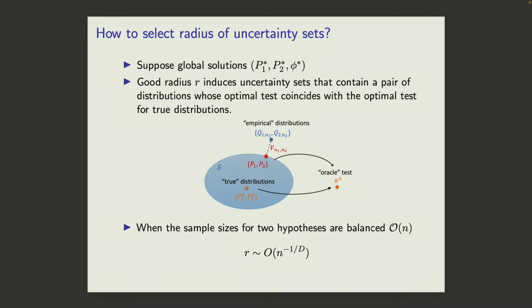There's a common argument that says we want the uncertainty set to be large enough such that the true distributions are contained. But this is slightly different. In fact, we don't need the uncertainty set to contain the true distribution, as long as it can contain a pair of distributions that induce the corresponding optimal detector with good performance. That is actually a weaker requirement than requiring an uncertainty set to contain the true distribution, which can suffer from the curse of dimensionality.